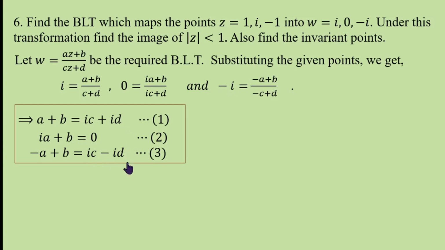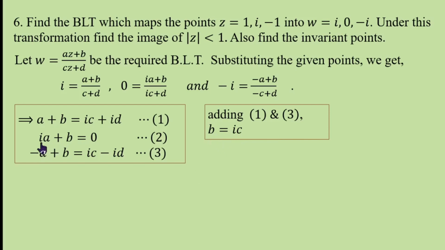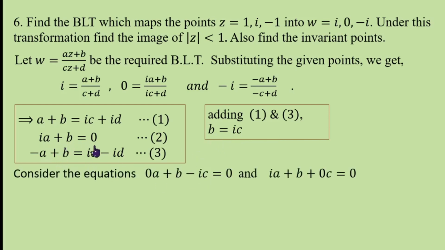If you add the first and third equations, A cancels, 2B equal to 2iC, or B equal to iC from equations 1 and 3. So we got B equal to iC. In the second equation, iA plus B equal to 0. So we got two equations not involving D: B equal to iC and iA plus B equal to 0.